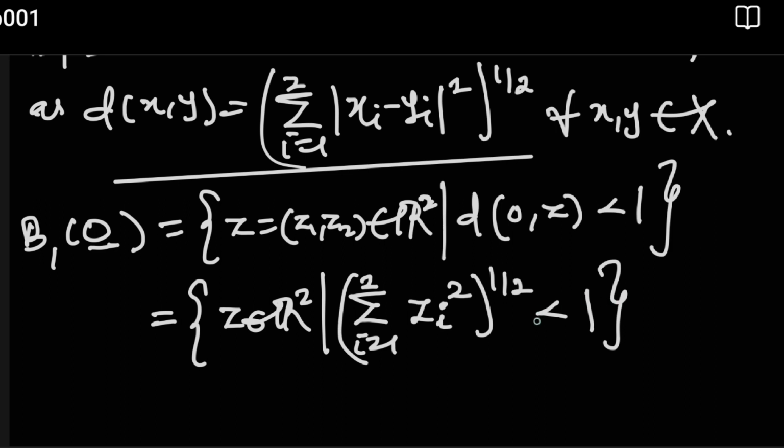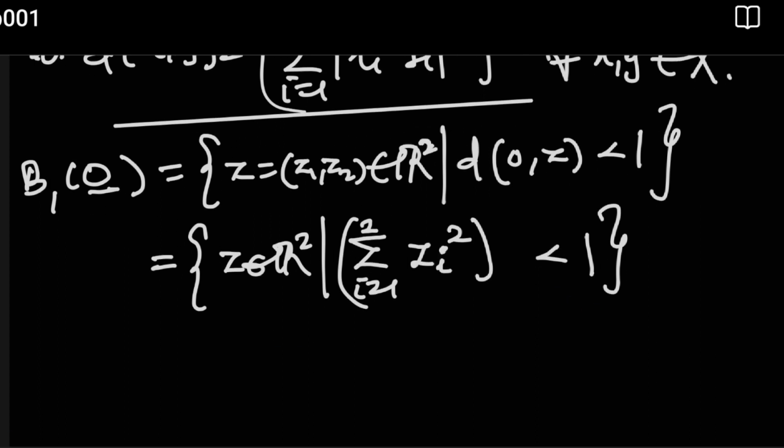So now you can square both sides. When you square both sides, watch carefully: the square root goes away, and 1 squared still remains 1.